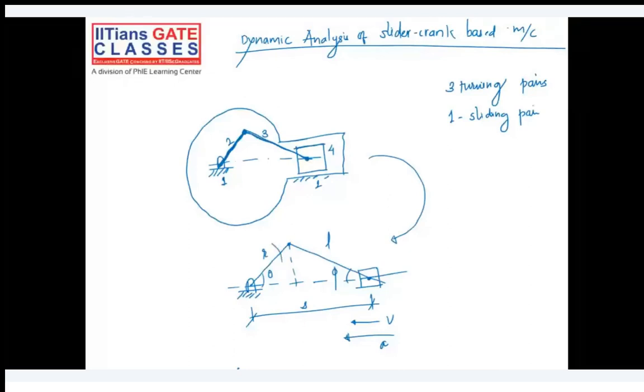Then what I can expect is the slider will be having some translatory motion along the axis, and it will have some velocity v and acceleration a. Why a? Because it's a linear acceleration, you should denote it by a. So v and a are the linear velocity and linear acceleration of the sliding pair. Omega is the rotating speed of the crank. Is it clear till this?